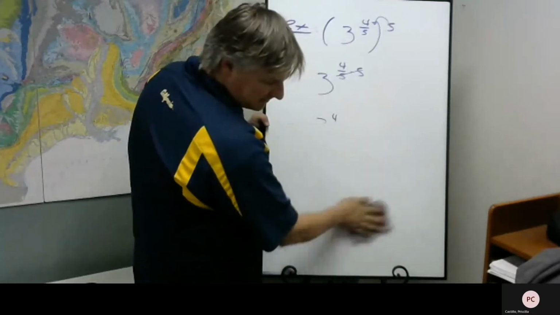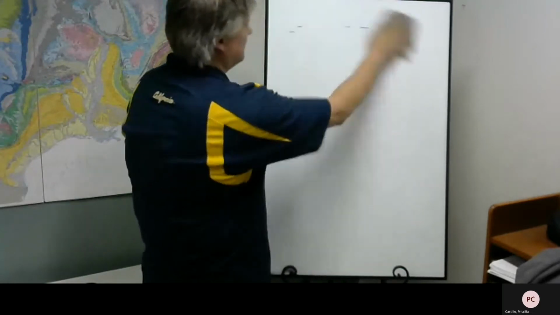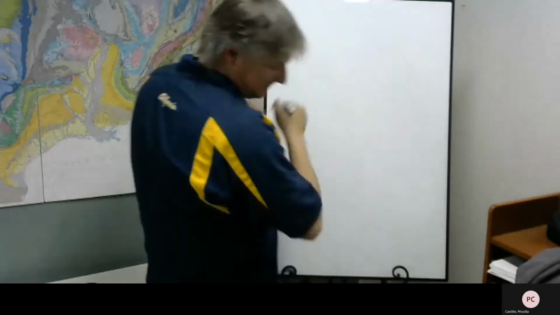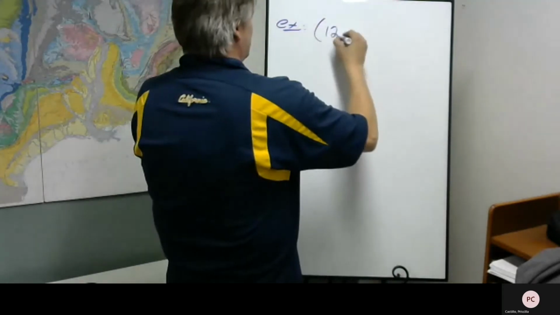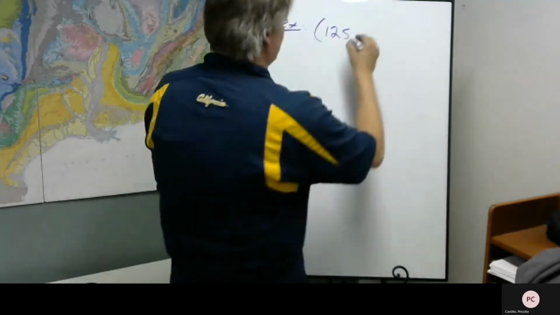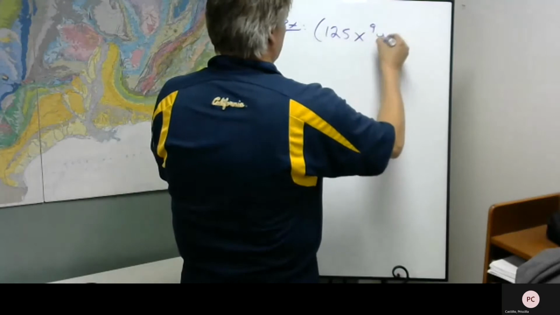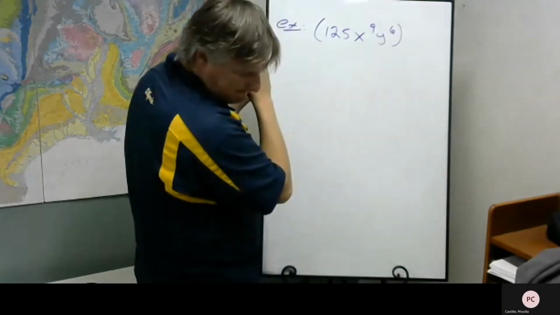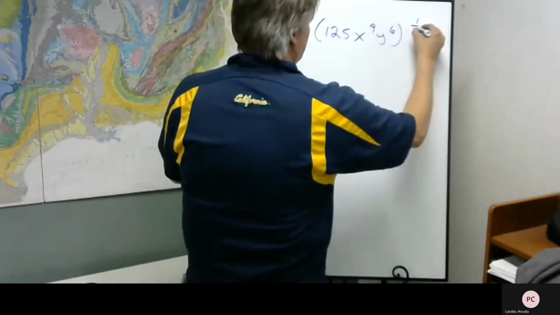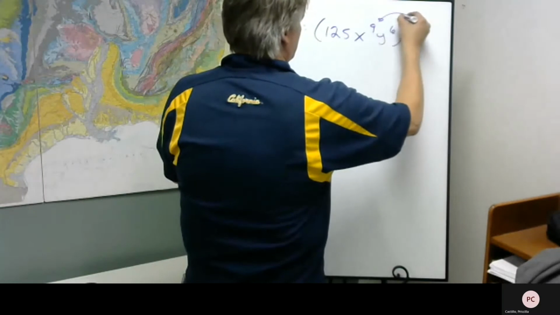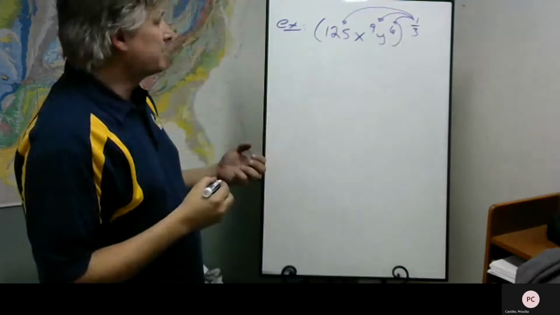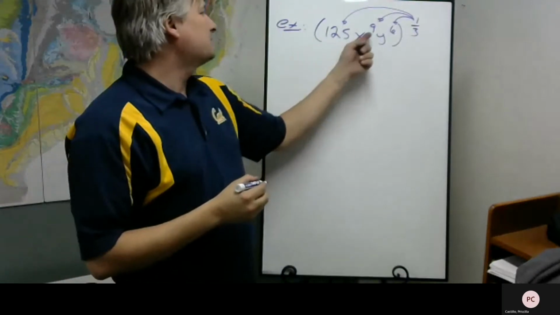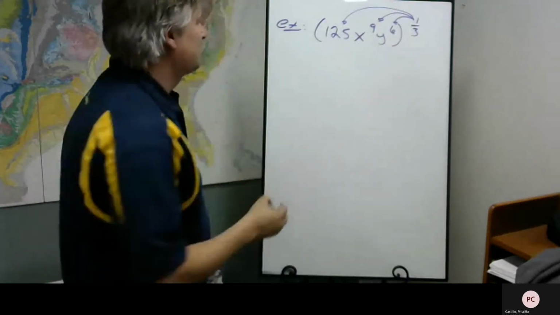Let's say we have something like this. Now this will get distributed as an exponent to the 125, the x to the 9, and the y to the 6.